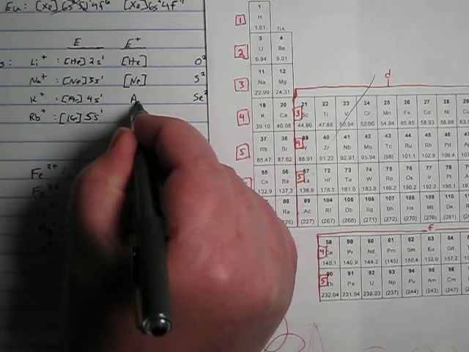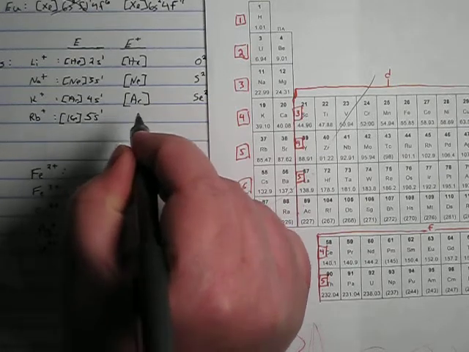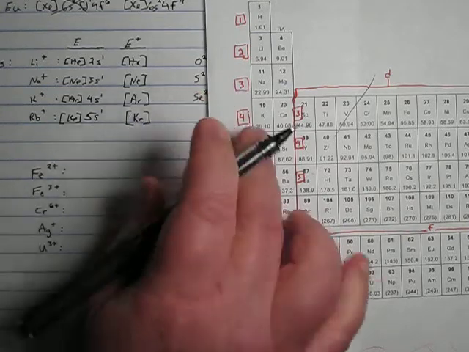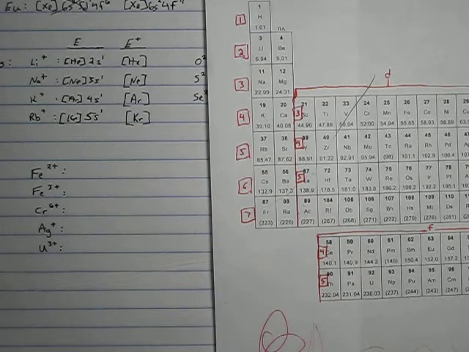Potassium will just be argon core, and rubidium will just be krypton core. You remove that one valence electron, you're just left with the previous shells being filled, but the valence shell, the n equals 2 shell for lithium, the n equals 4 shell for potassium, no longer having any electrons in them.